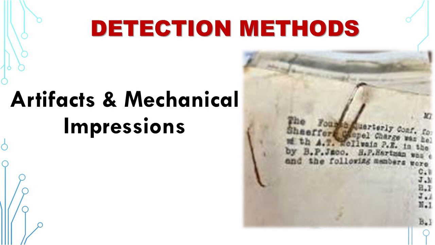And because the toners that were made after some technological advancement had been totally changed, it is easy for us to say this toner or this ink did not exist during that period.